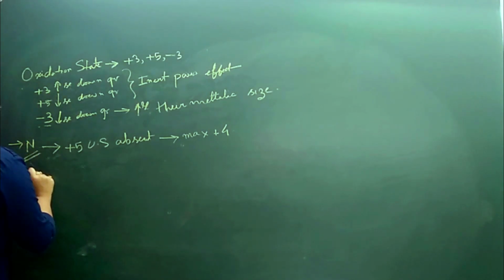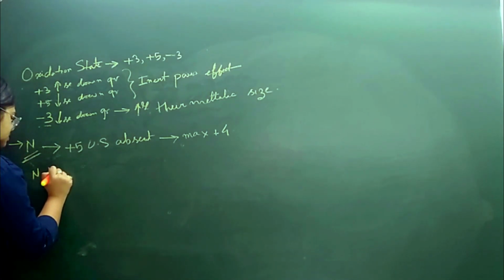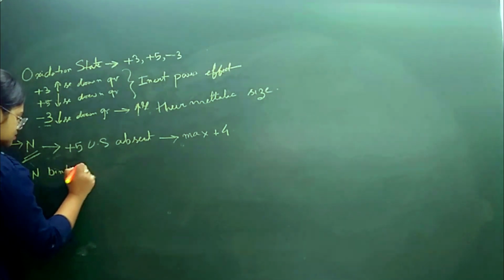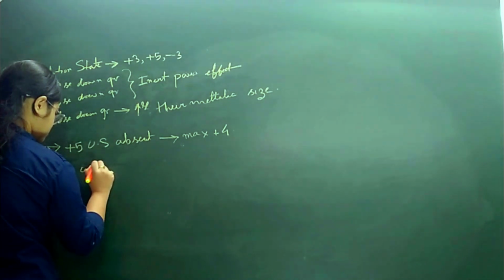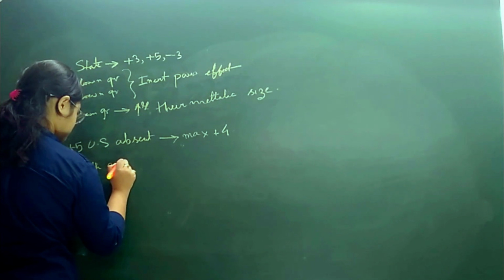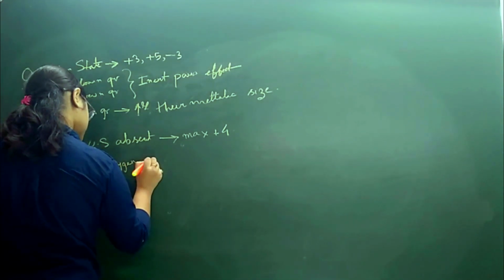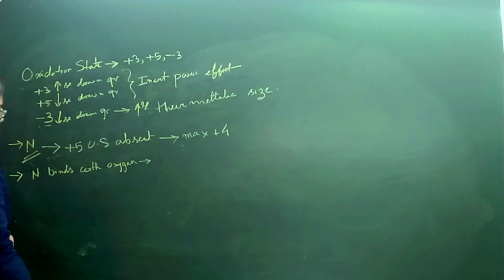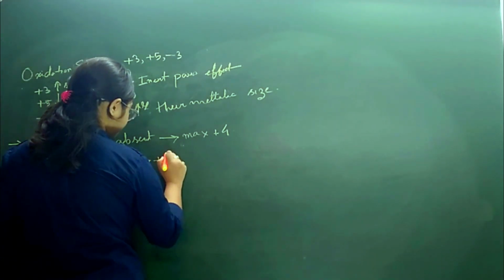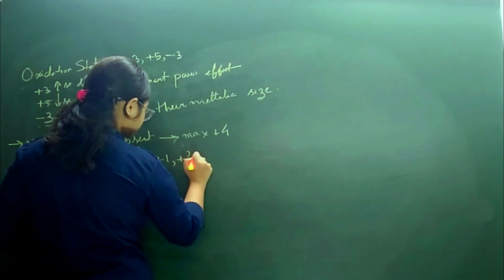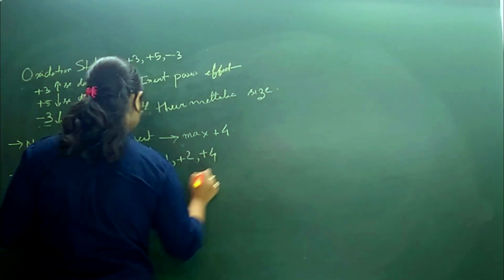When nitrogen binds with oxygen, it shows +1, +2 and +4.